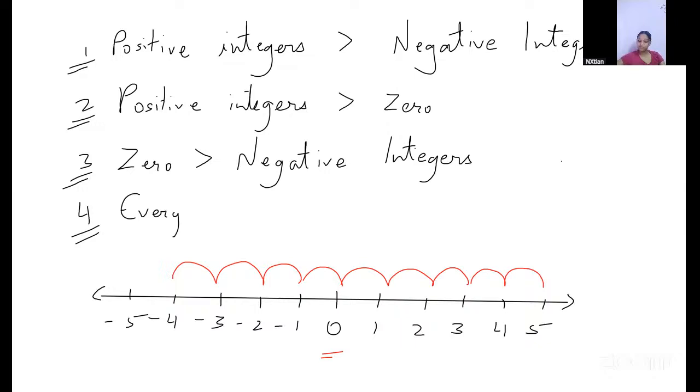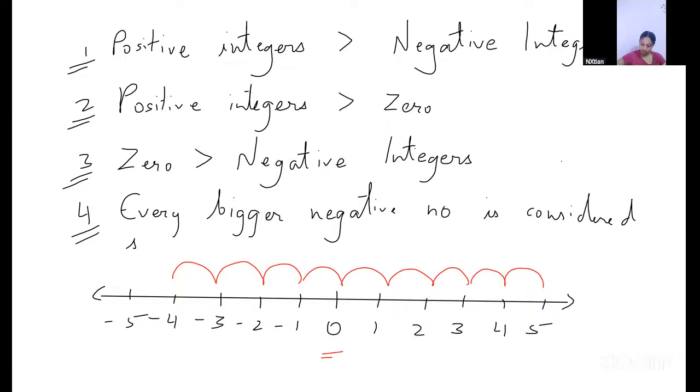Every bigger negative number is considered smaller than the previous one.